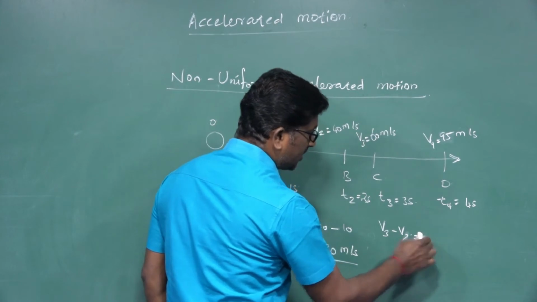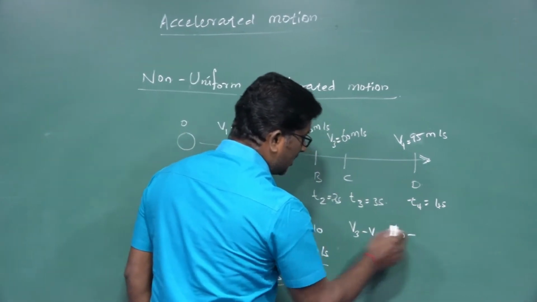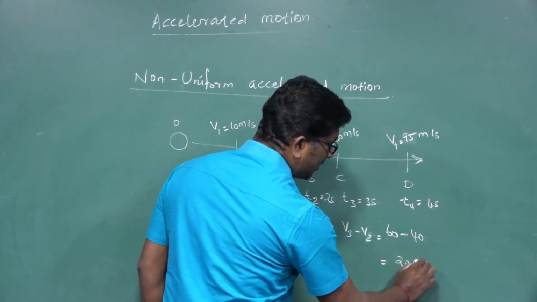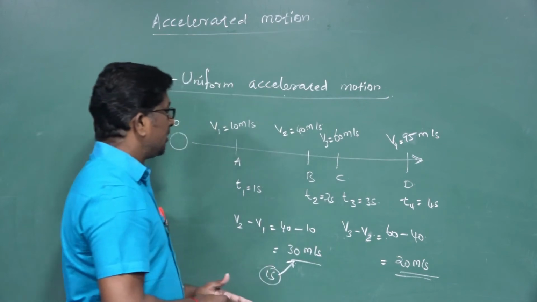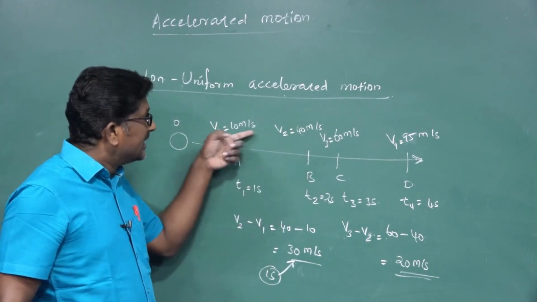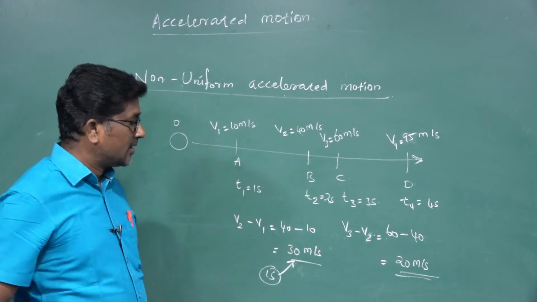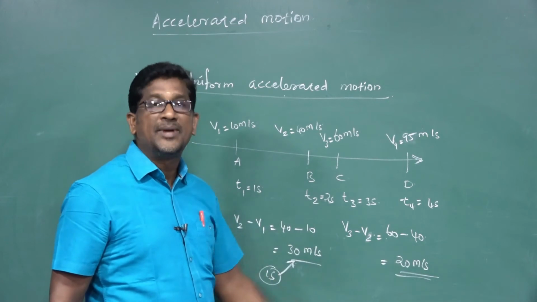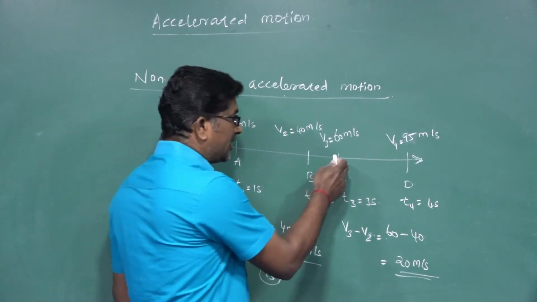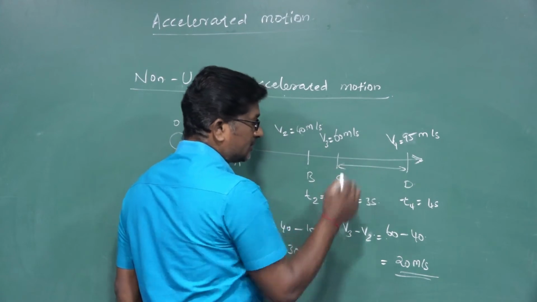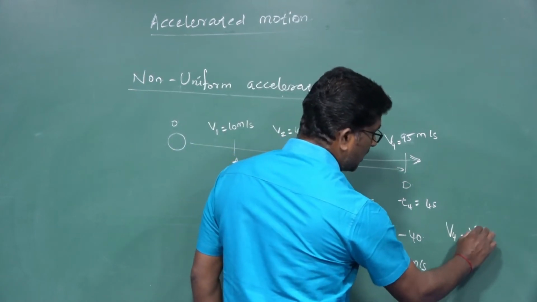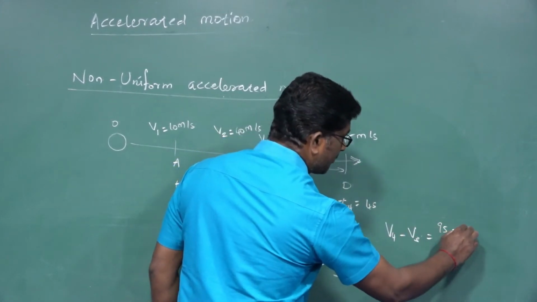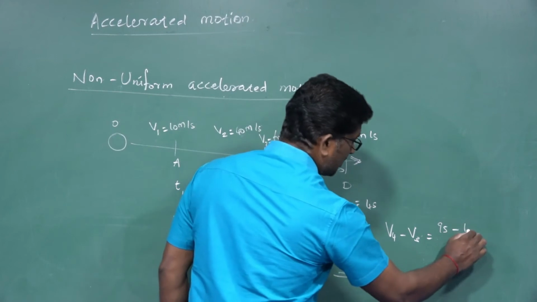Then the change in velocity is V3 minus V2. V3 value is 60 and V2 value is 40. So 60 minus 40 is 20 meter per second. If the particle moves from A to B, its change in velocity is 30 meter per second. From B to C, its change in velocity is 20 meter per second. And the change in velocity is V4 minus V3, where V4 is 95 and V3 is 60.